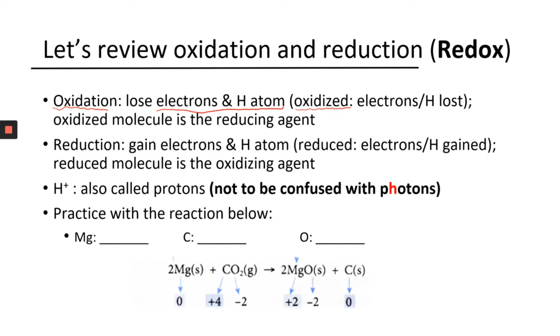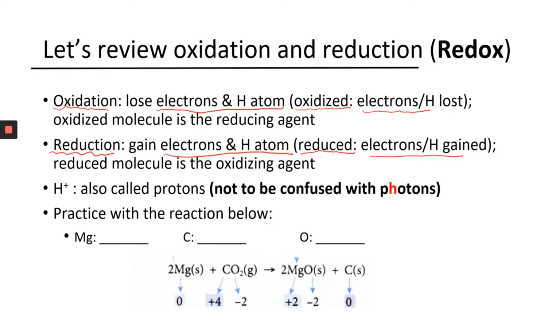Again, when something is oxidized, its electrons or hydrogen are lost. Okay, now in the opposite, reduction means something gains electrons and hydrogen atoms. Okay, so we're going to say that this molecule is reduced because this molecule gains electrons and hydrogen atom.